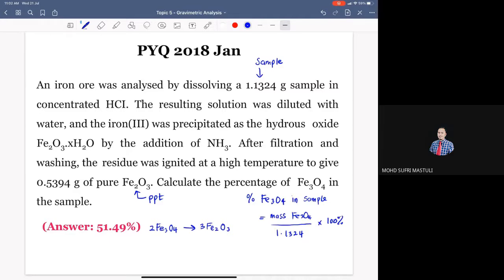Yeah, so oxygen 8, oxygen 9. So this one, if we want to make it balance, half oxygen. So we know the relationship is 2 mole Fe3O4, 3 mole Fe2O3.